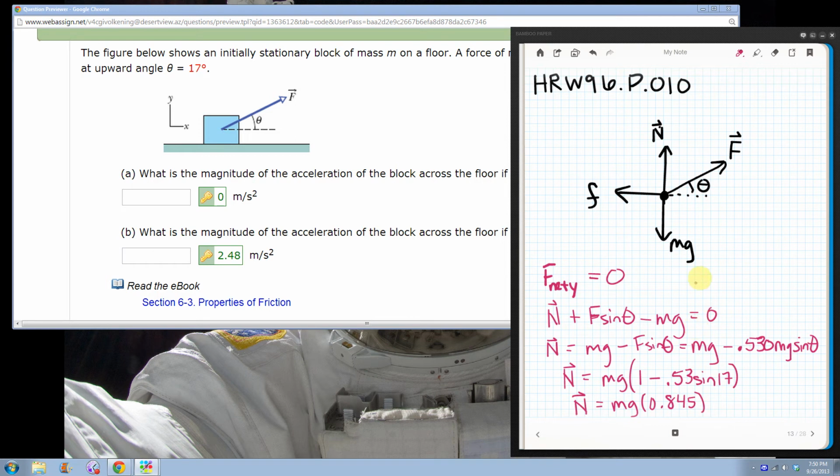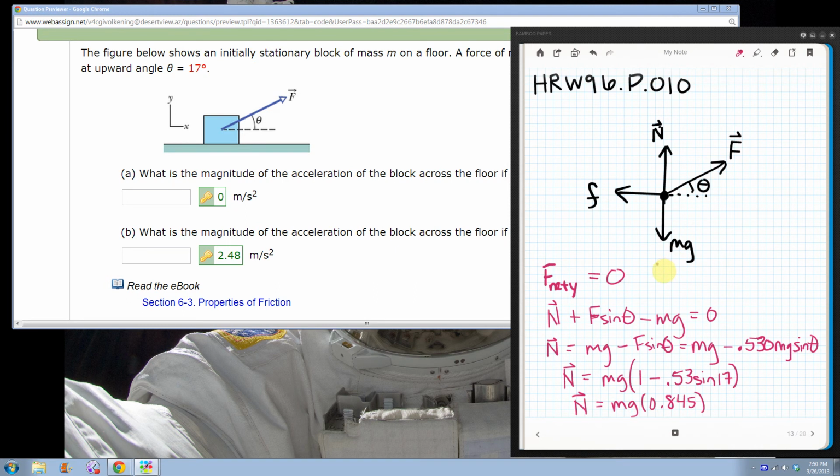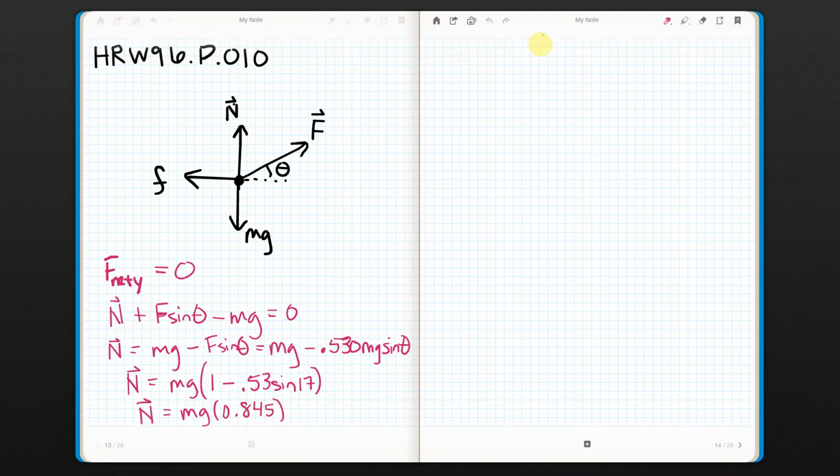So that means that if mu s is 0.6, the maximum static friction is mu times the normal force, which in this case is 0.6 times 0.845 times mg, which I get 0.51. I'm going to round it. 0.51 mg.